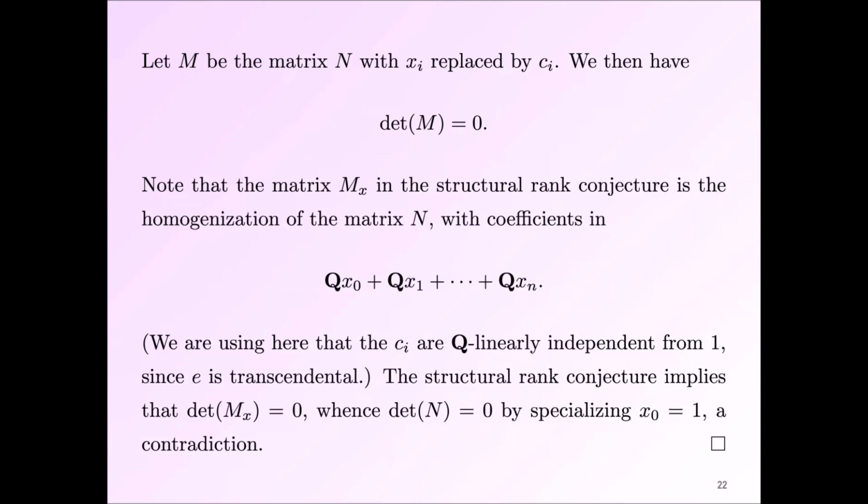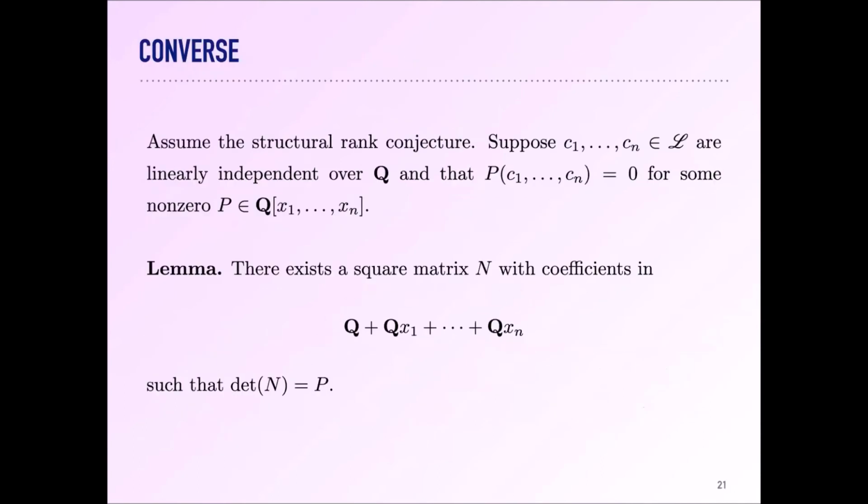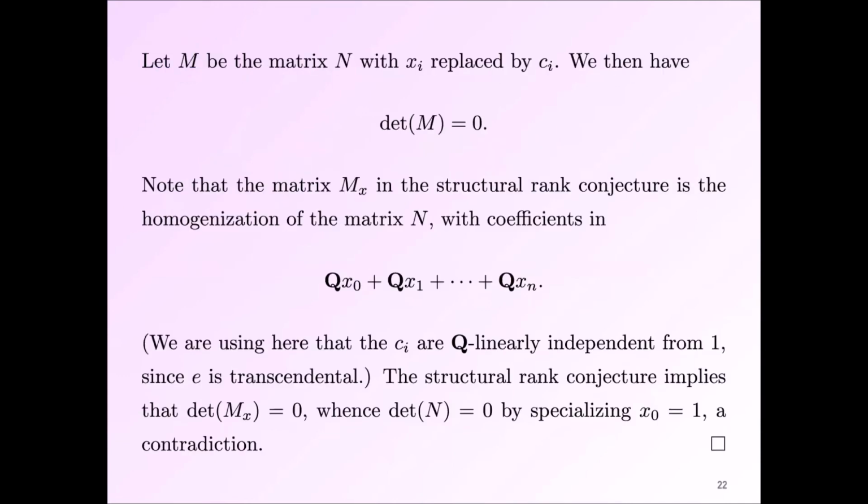This matrix N has coefficients in Q. The point is there's this Q, and that wasn't in our initial discussion of the structural rank conjecture. So you get a variable when you look at the definition of structural rank. You have to put a variable there, so you're going to get an extra variable somehow.